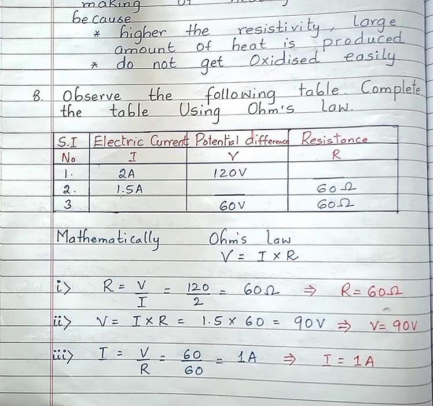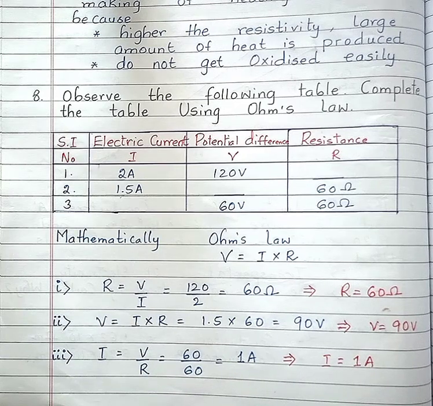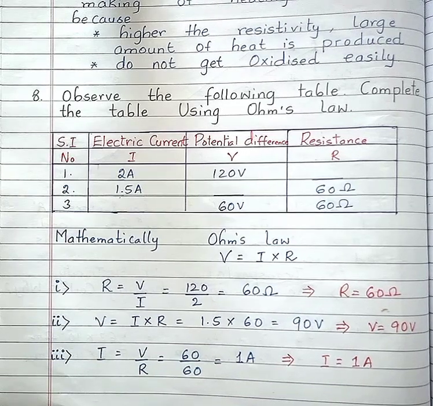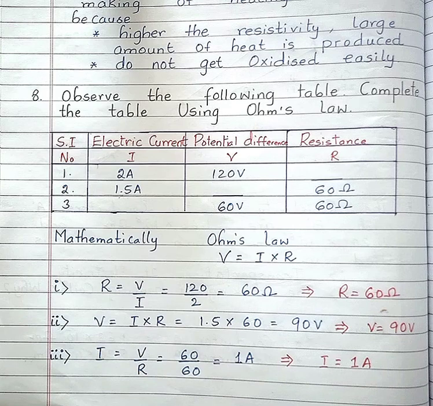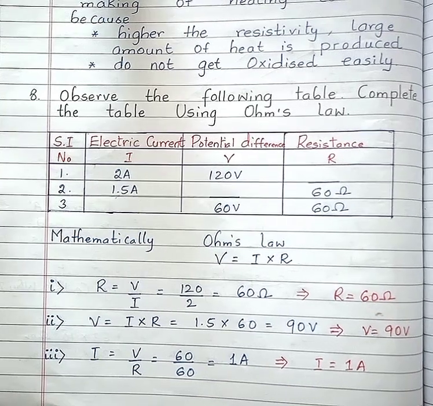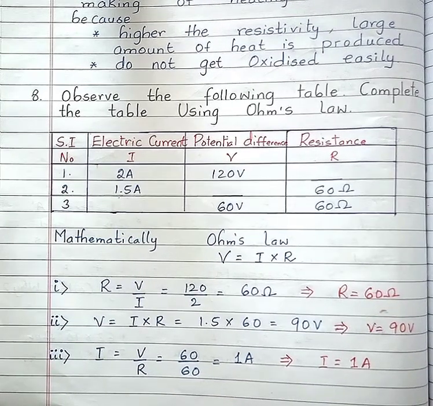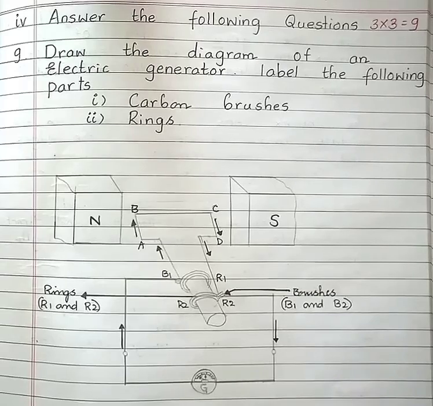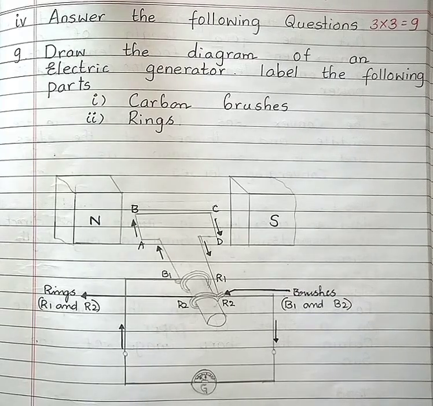Question number 8. Observe the following table. Complete the table using Ohm's law. Answer. Mathematically, Ohm's law can be written as V equals I into R. In case 1, R equals V divided by I equals 120 divided by 2 equals 60 ohm.